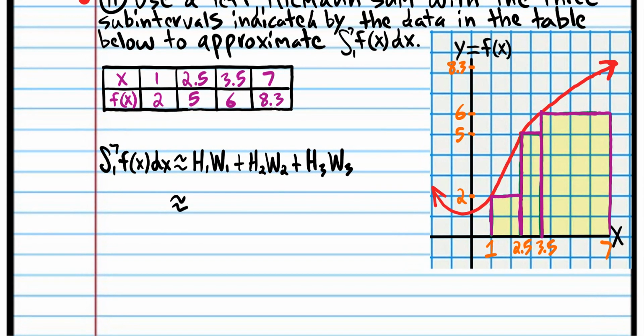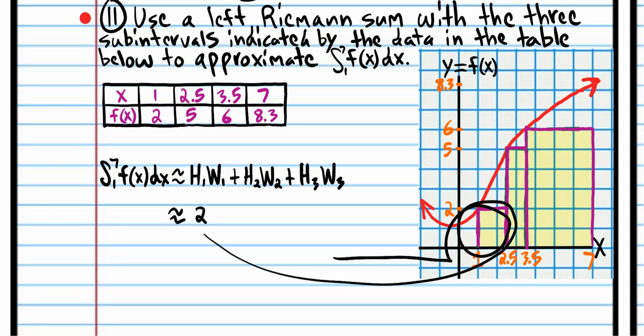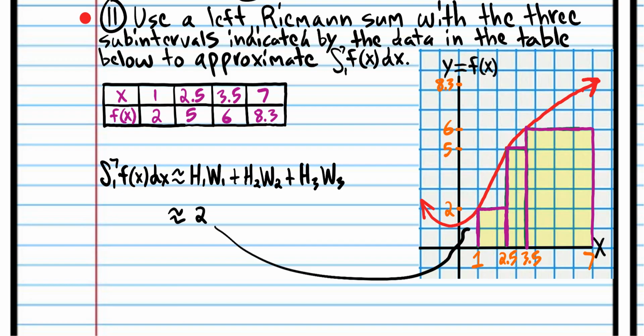We have to know which values to choose in the table because we're using a left Riemann sum. So we're going to use 2 as the height of the first rectangle. So look at the first rectangle and confirm for me that the height of that rectangle is 2. It is 2, right? 1, 2.